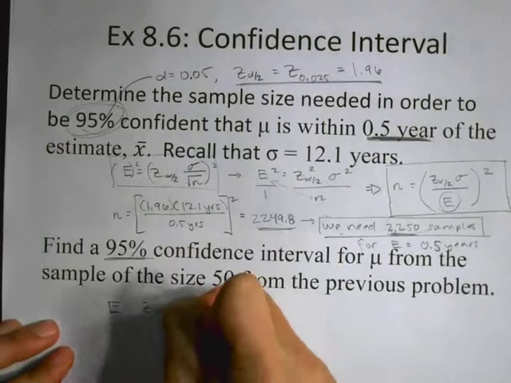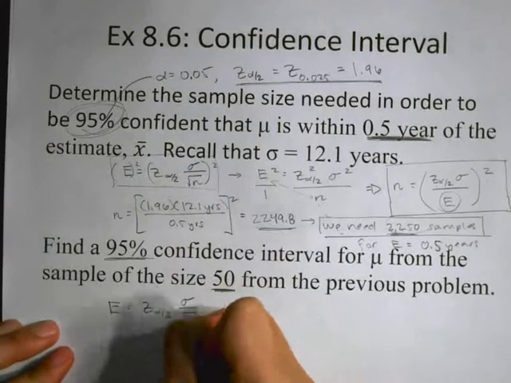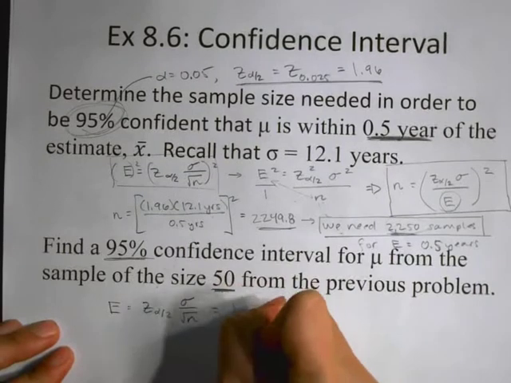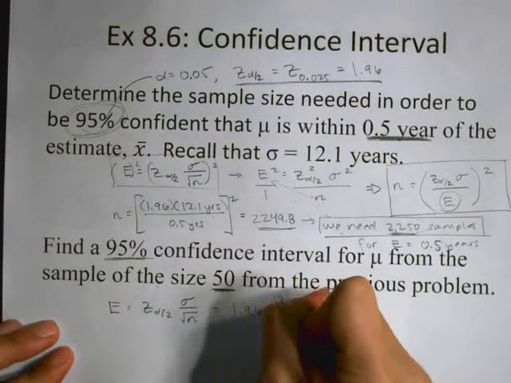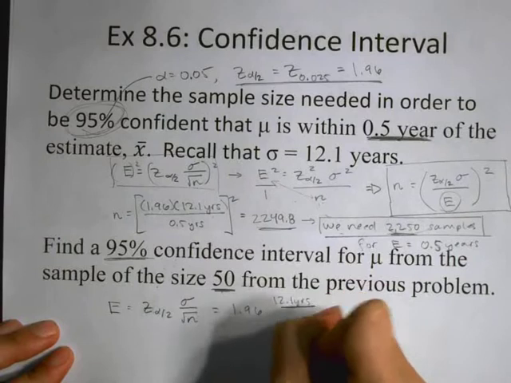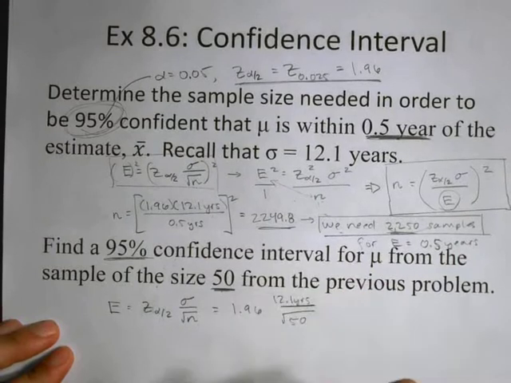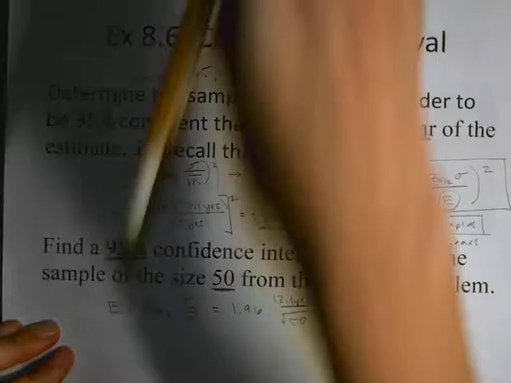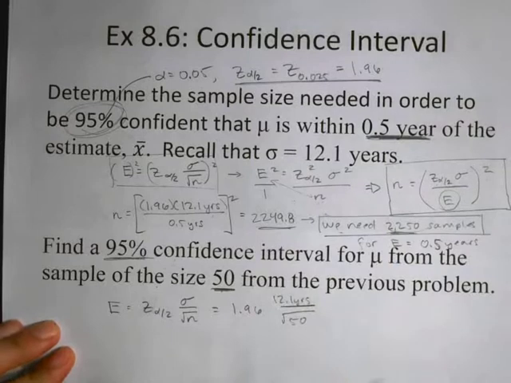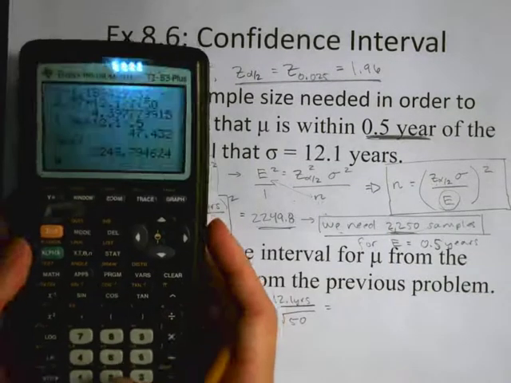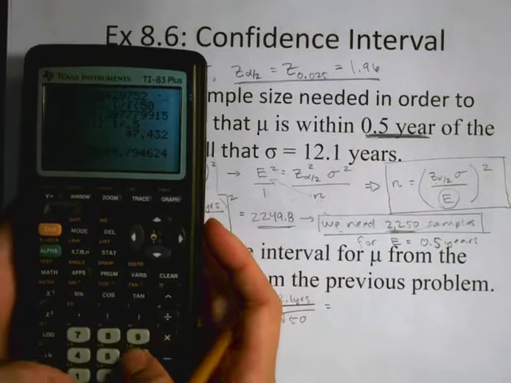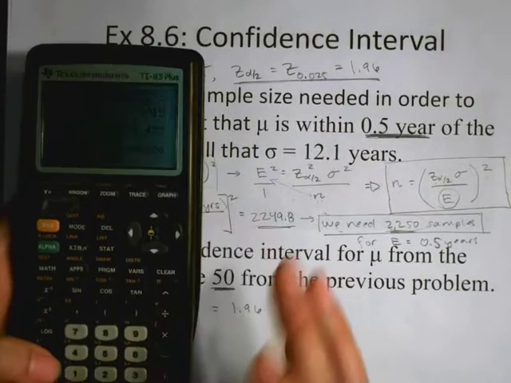It's Z of alpha over 2 times sigma over the square root of n, which is 1.96 times 12.1 years divided by the square root of 50. And calculate that.